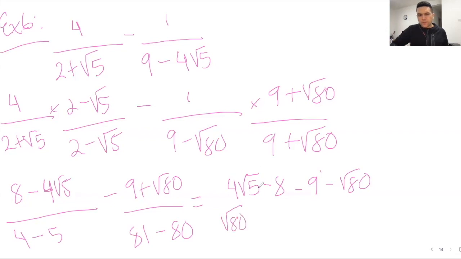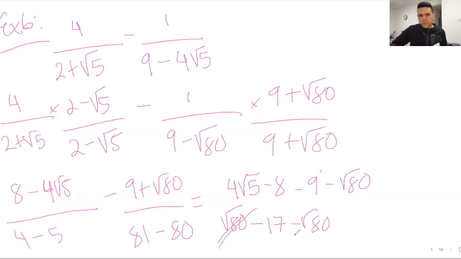Because it'll be 16 inside the radical. 16 times 5 is 80. So we have the square root of 80. Then we have these two numbers, which are minus 17. And then minus the square root of 80.